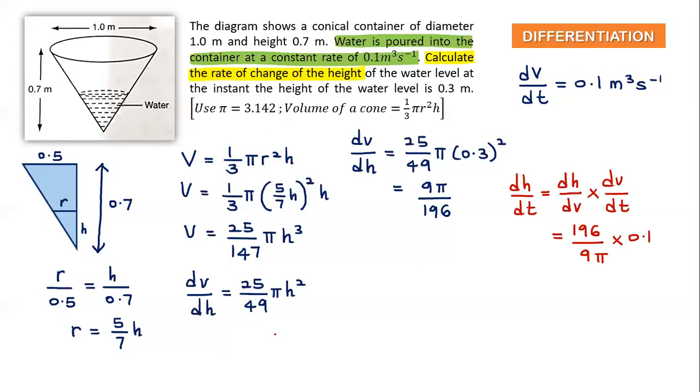So you need to use your calculator. I'm going to put 196 over 9 pi, multiply with 3.142 and times 0.1. So my final answer is 0.6931. Make it how many decimal places, class? The minimum you're supposed to give is 3 decimal places.